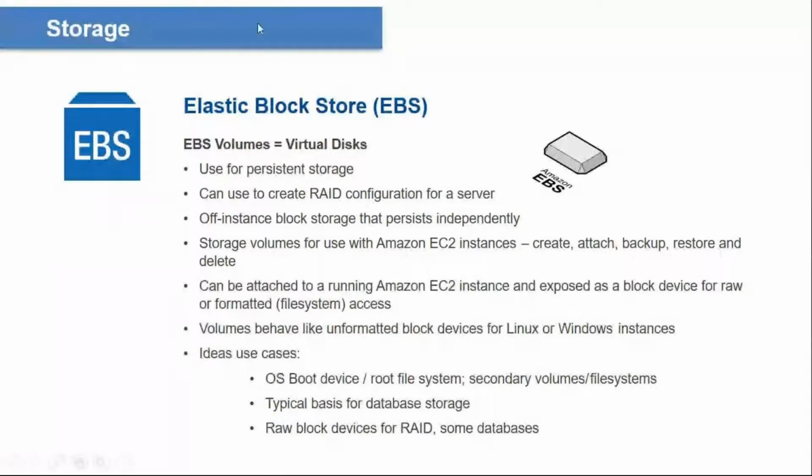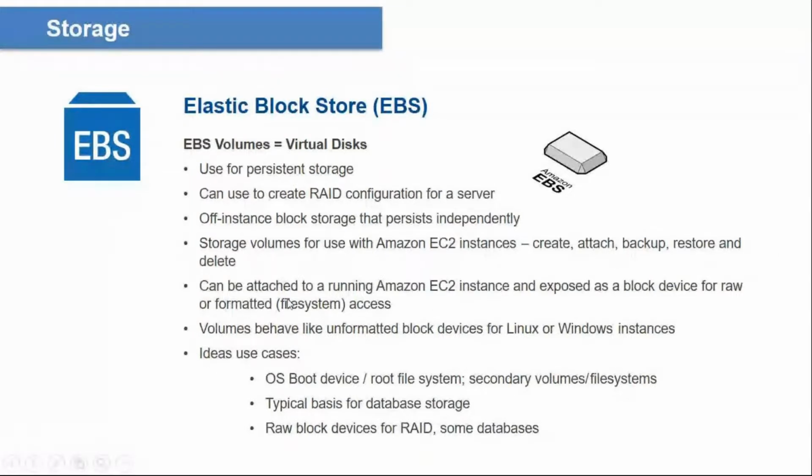These are some of the features listed for EBS: used for persistent storage, can be used to create RAID configurations for the server instance, block storage that persists independently, storage volumes for use with Amazon EC2 instances, and you can create, attach, back up, restore, and delete.